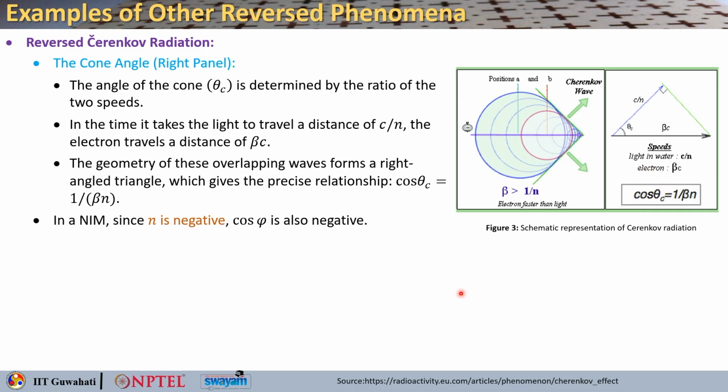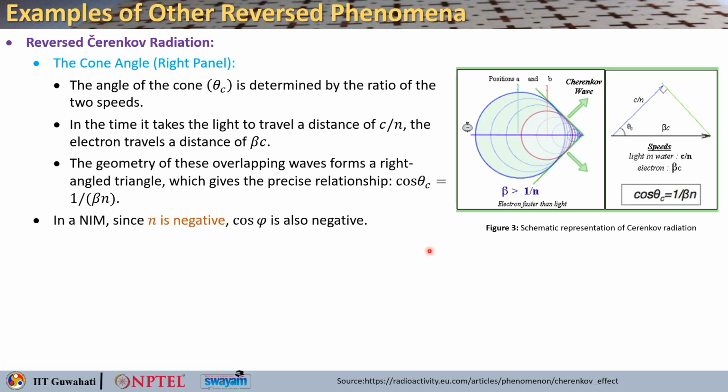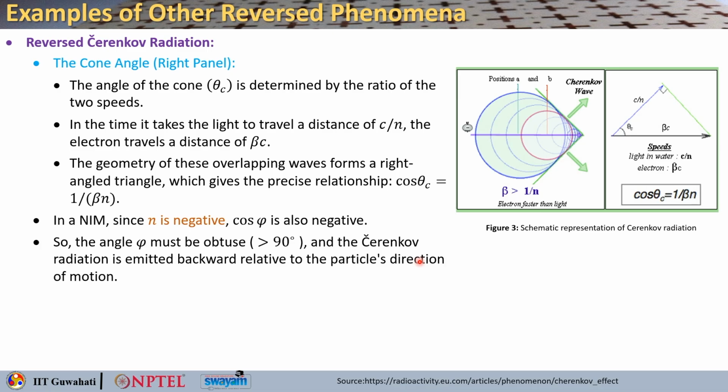Now, what you see in a negative index material is, because your n is negative, your cos phi will also be negative. That means you will have reversed Cherenkov radiation.